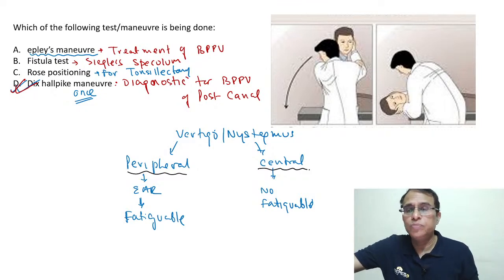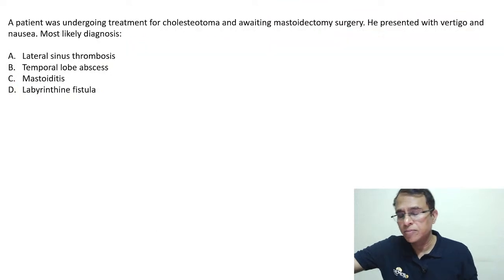But what we will do is jump on to the next question. You see the next question? A patient was undergoing treatment for cholesteatoma and awaiting mastoidectomy surgery. He presented with vertigo and nausea. Most likely diagnosis: lateral sinus thrombosis, temporal lobe abscess, mastoiditis, or labyrinthine fistula.